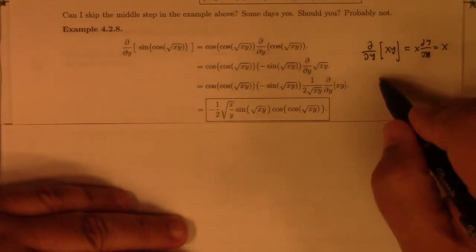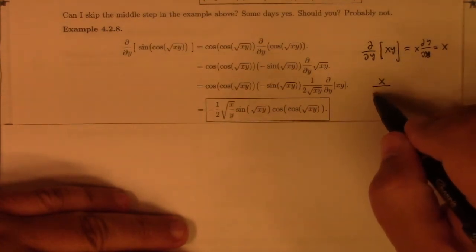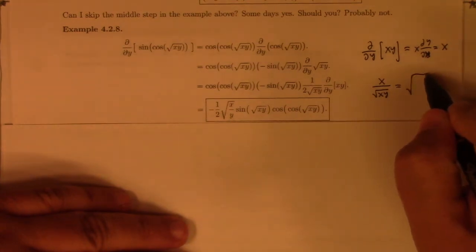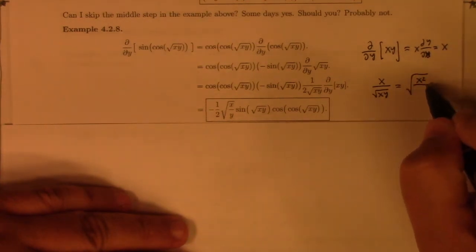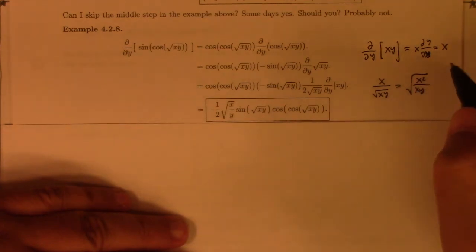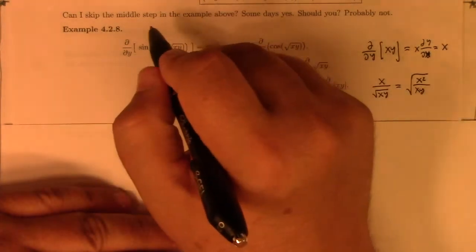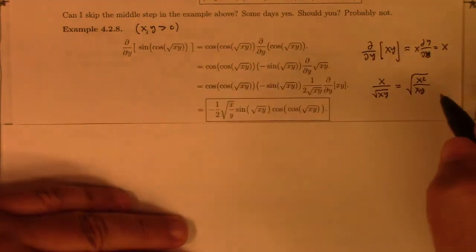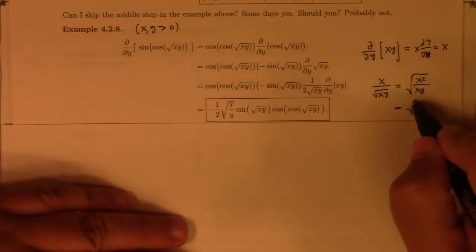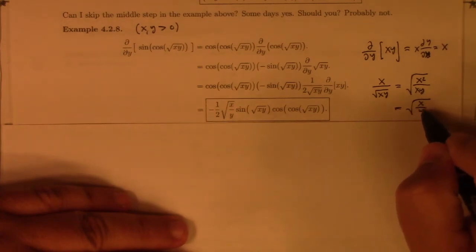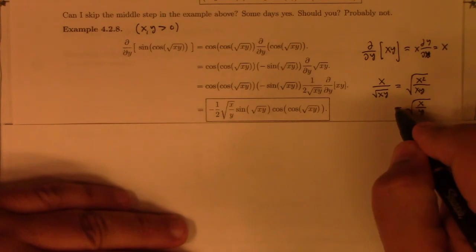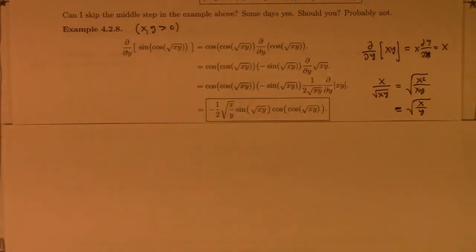And so basically you've got x over the square root of xy, which you could rewrite as the square root of x squared over xy, assuming x and y are positive. We are assuming x and y are positive here. And so that's the square root of x over y, which is what I have written over here. So that's the mystery of that expression there, okay?